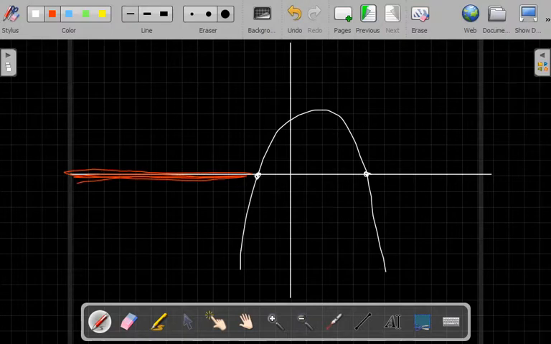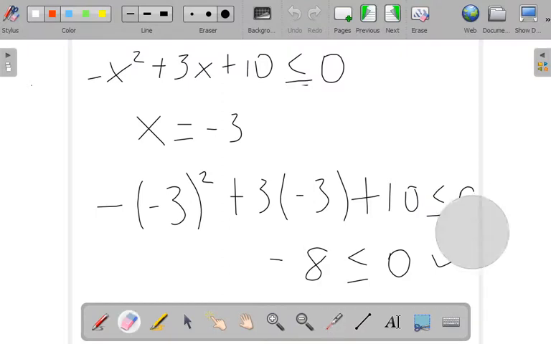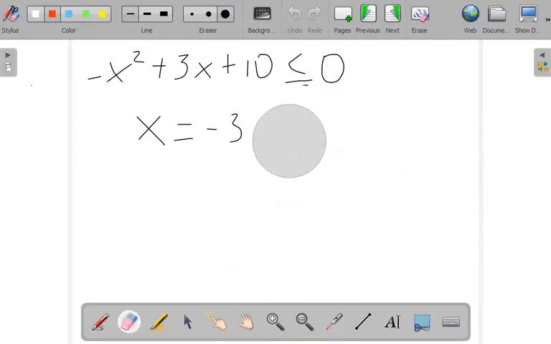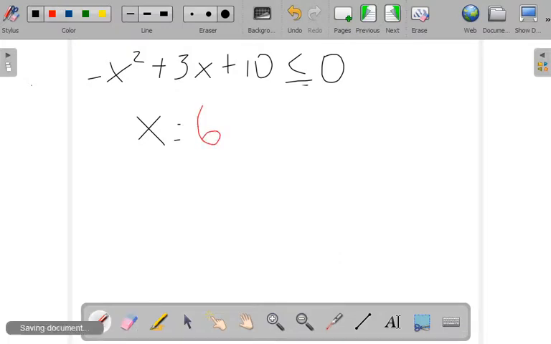So the last thing we need to check are the points on this side. We need to see if those are true. So if we select a value for x, let's say 6. 6 is right next to 5. Let's see if that makes this true. Let's come back here. Let's erase this. Set x equal to 6. Change it back here. So we're going to have negative 6 squared plus, and that's in parentheses, right?